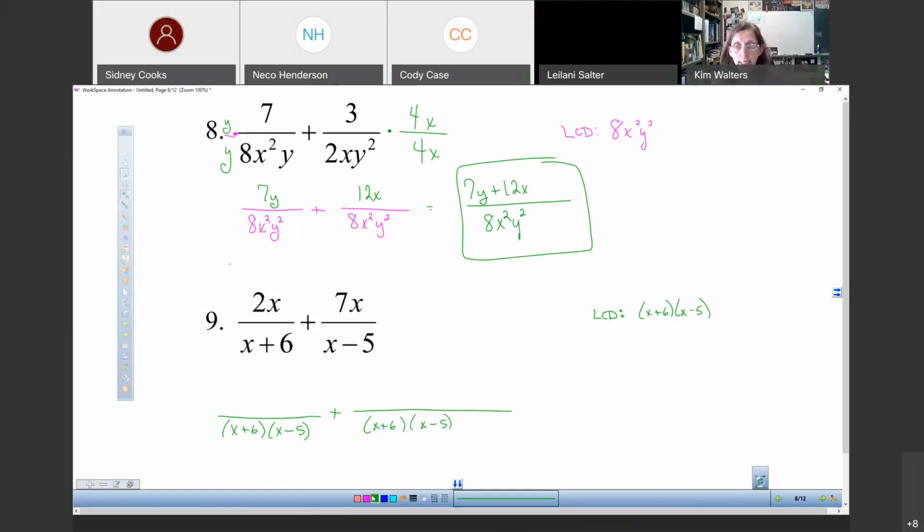Okay, let's start with this first one. What do I need to multiply? So think about this x plus 6 in parentheses. What do I need to multiply by x plus 6 to get my new denominator? I am open to suggestions.